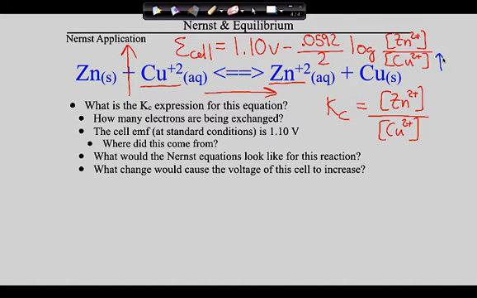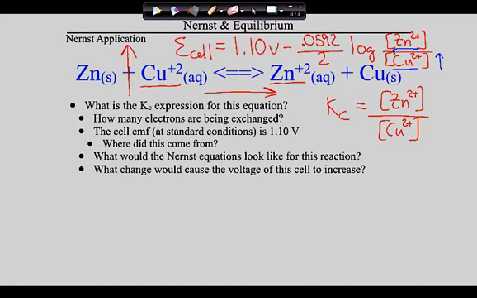But what about this? You ready for a big idea? What happens if this becomes bigger than zinc ion? So if copper is bigger than zinc ion, what does this fraction become? Smaller than 1. What is the log of a number smaller than 1? Negative. So now this becomes negative. And what happens if we subtract a negative number?